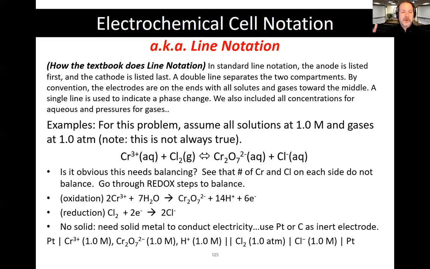So I'm going to throw platinum in here. Yeah, it's hypothetical. It's expensive, I know, but hey, it's only letters on an electronic board here. And notice how I've written the chemical species now, and I put the molarity in, and I separate them by commas because they're all aqueous. No phase changes there other than from the electrodes at the end to the aqueous species in the middle.